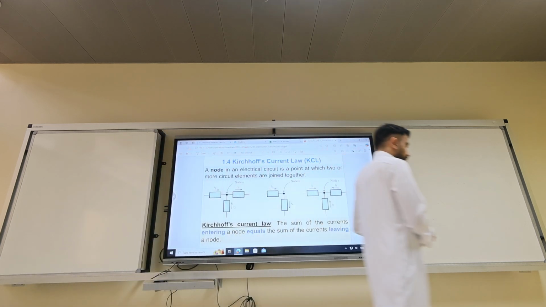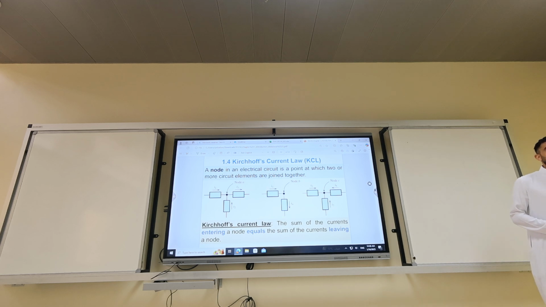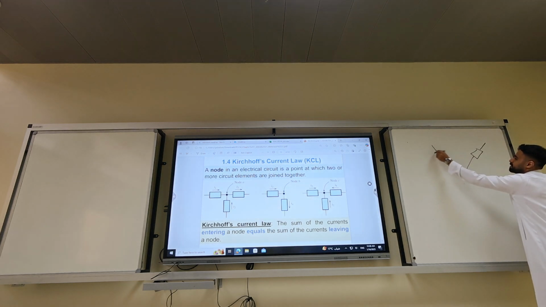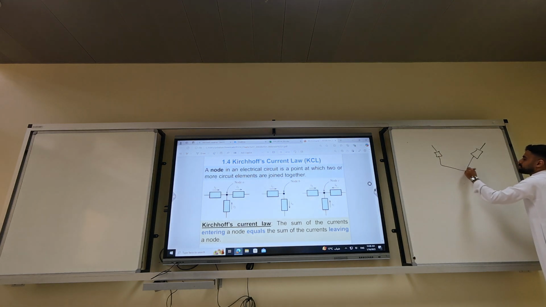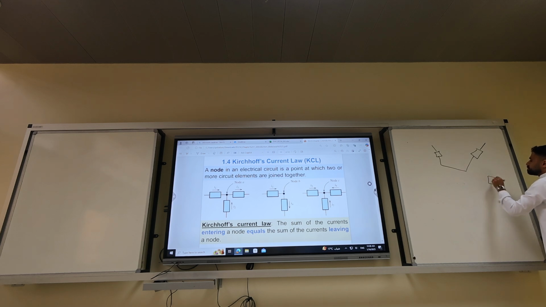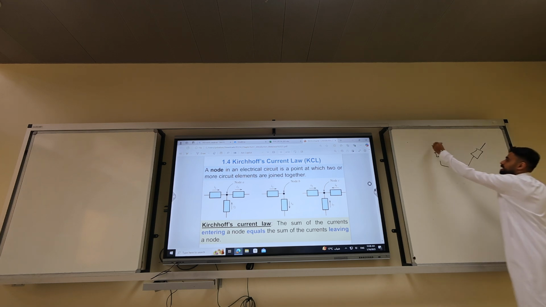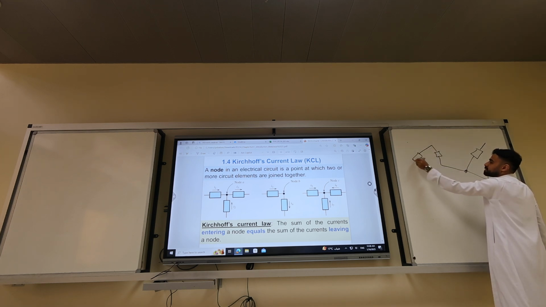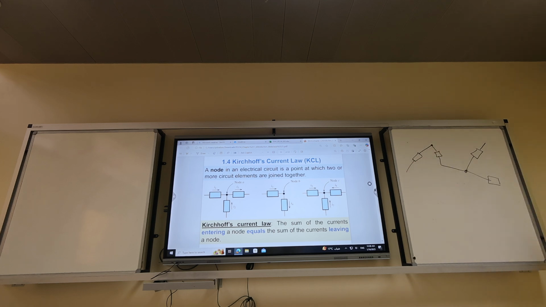So, a node is where we connect 3 elements, 4, 2, 1, any element. So if you have an element here, an element there, and an element here, this is called a node. If you connect only one other element, this is also a node.